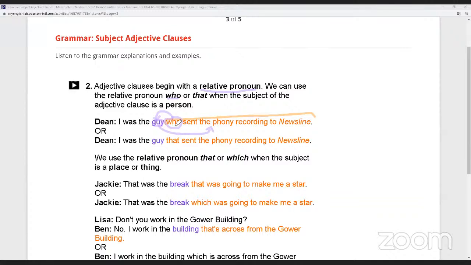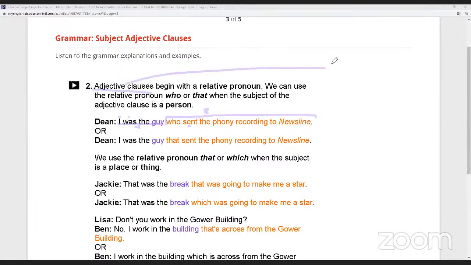So again, the adjective clause is the second sentence, right? So I have the first clause, right? Subject, verb, and then I have the object directly after the verb, right? So I have the first clause and I have the second clause. The second clause is called adjective clause.